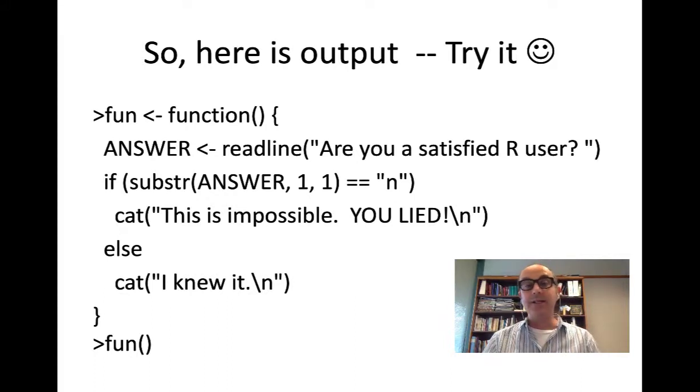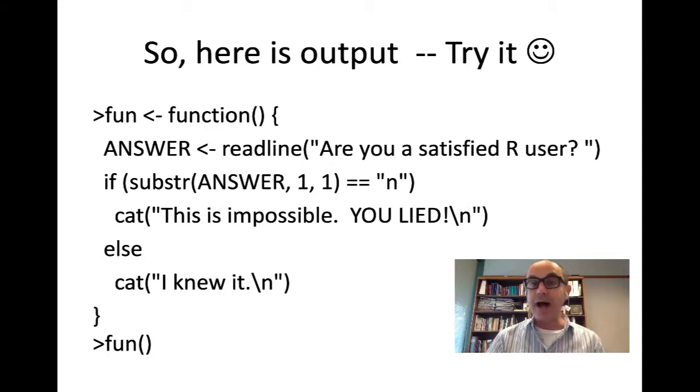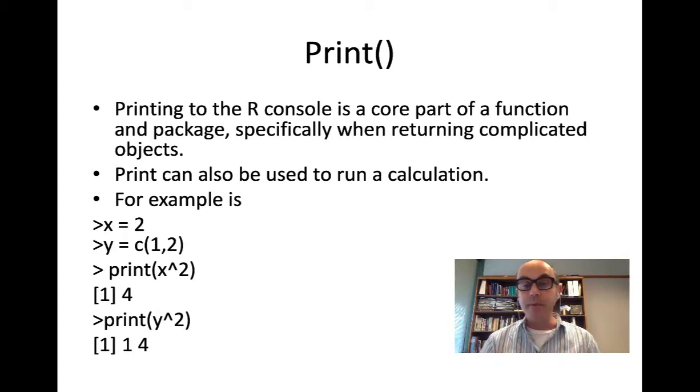If the answer is unknown, cat, which is a form of output, says you lied, else it says I knew it, and I will say fun. So the output is about interaction with the user, in this case through the console of R.